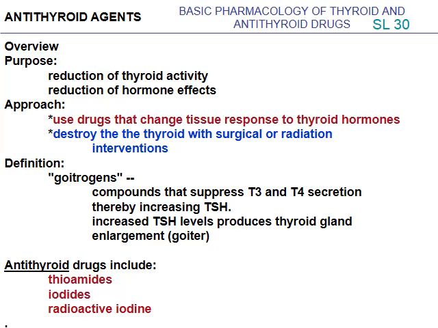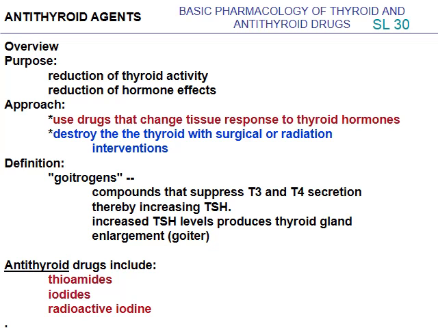So, by definition, these compounds are referred to as goitrogens. And the word goitrogen would suggest something that generates a goiter. And so these compounds are going to suppress thyroid hormone secretion, and TSH levels are going to therefore go up because of the negative feedback loop being disrupted, right, between the thyroid hormone release and the pituitary gland.